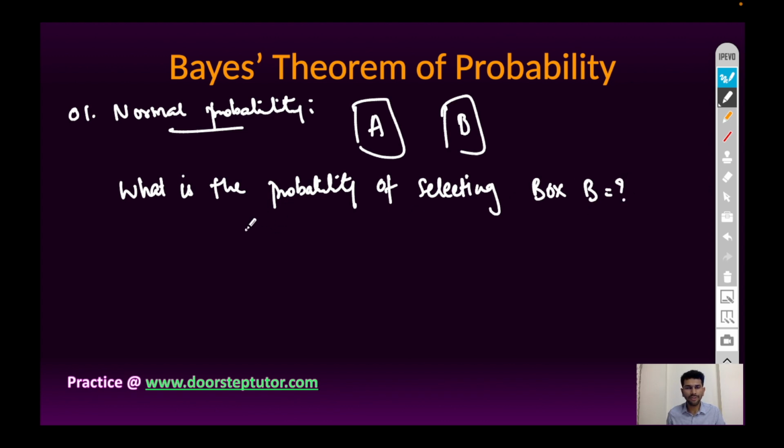So it is represented by probability of selecting A and probability of selecting box B.